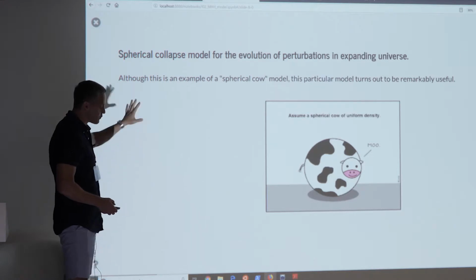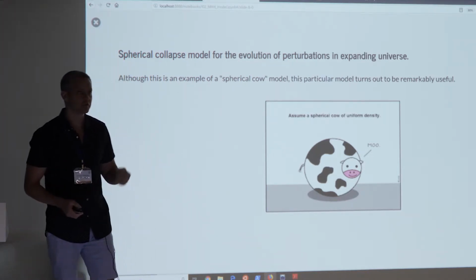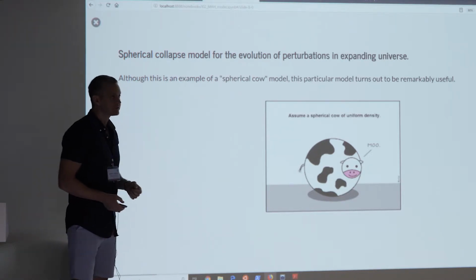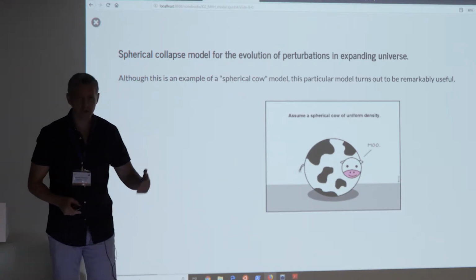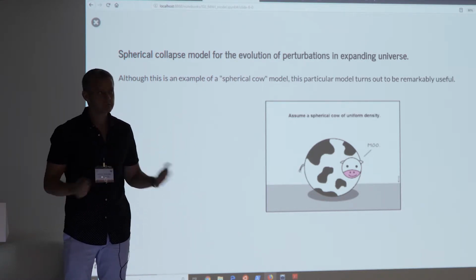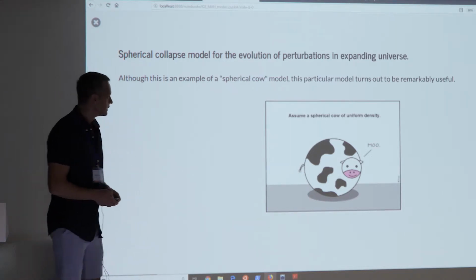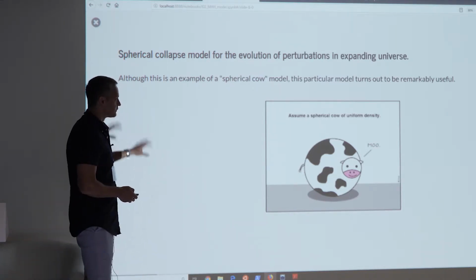That's the approach. It's also a model whose results are very frequently encountered in the literature. Quantities such as the critical linear overdensity for collapse and the virial overdensity that come from that model are in almost every paper on the subject of galaxy formation. So it's very foundational in terms of the background that it provides for the whole field.